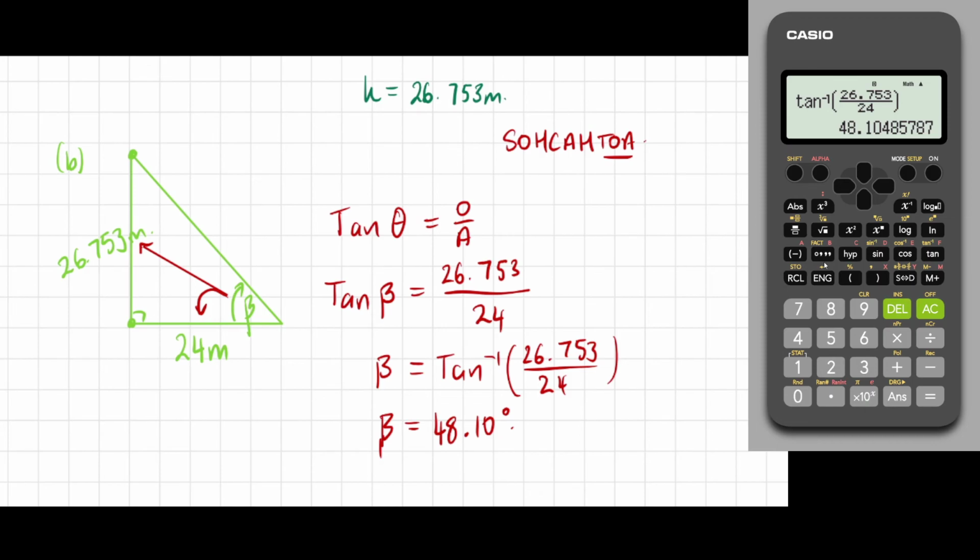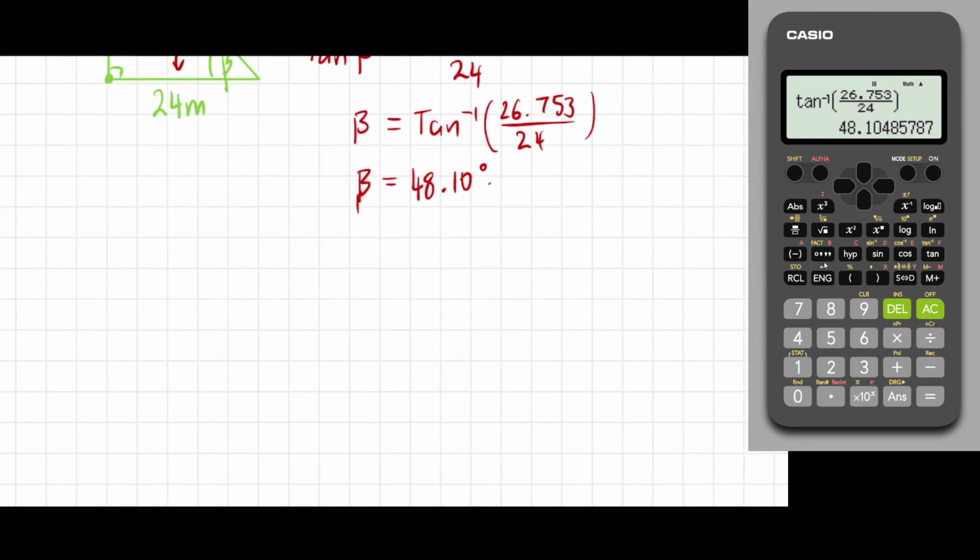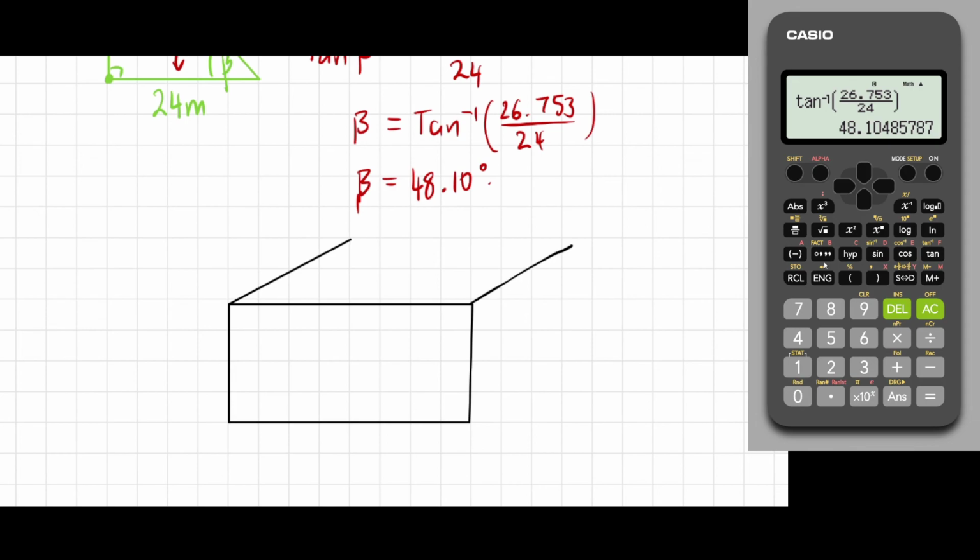So another problem that usually arises from 3-dimensional trigonometry, or even 3-dimensional Pythagoras, which we won't actually do, is if you've got a box. So just some random box like this. I don't know how well that's been drawn.